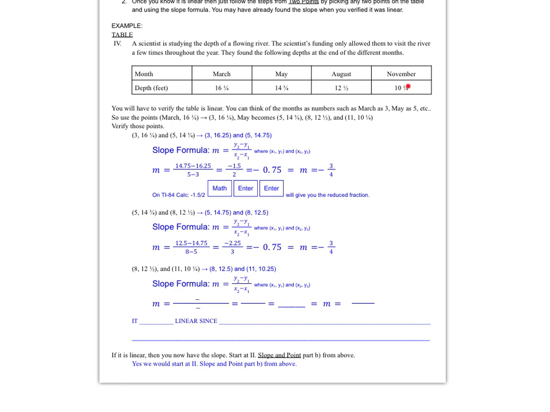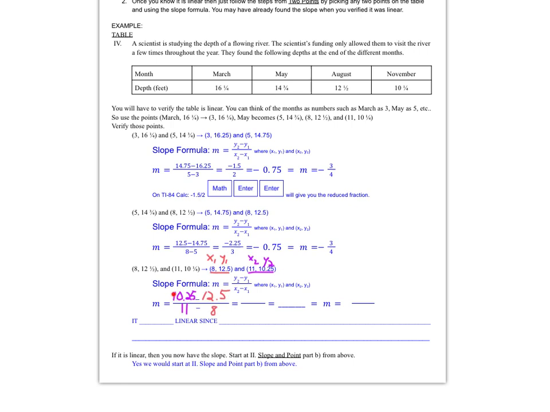Between August and November, then, we would have 8, 12.5, which is 12.5. And then November is the 11th month, and 10.25 is 10.25. Do the slope formula between these points, and let's see what we get for a simplified slope. Take a moment, otherwise that's going to look like this.